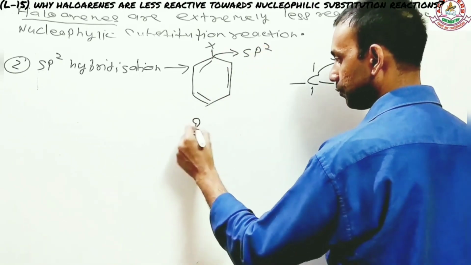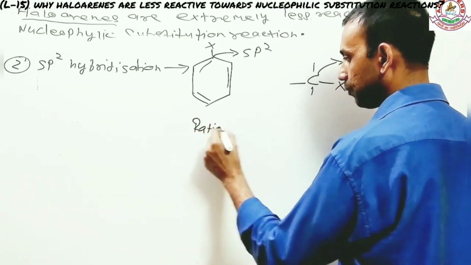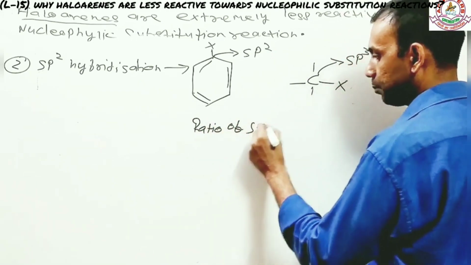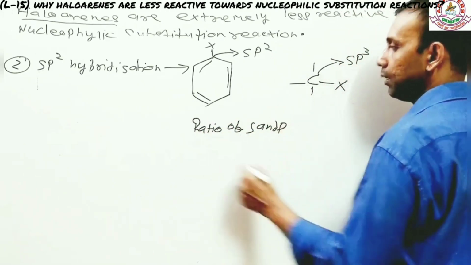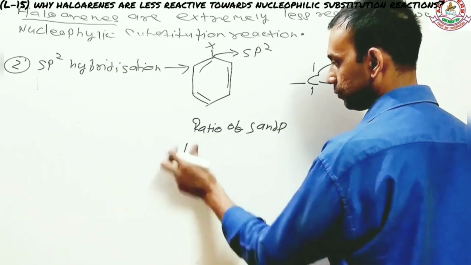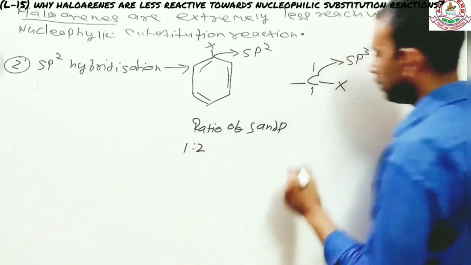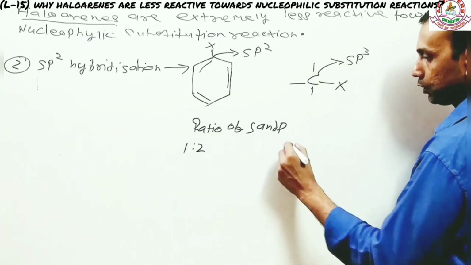The ratio of S and P here is 1:2, but there it is 1:3.